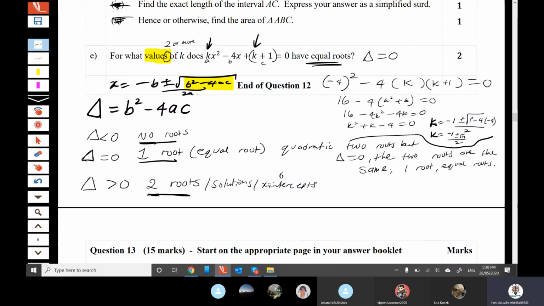So it's plural for a reason. If they wrote for what value, it actually means there's only one answer. That's just an exam trick again. If it's got an S there, it means two or more. If it doesn't have the S there, it means there's only one answer.